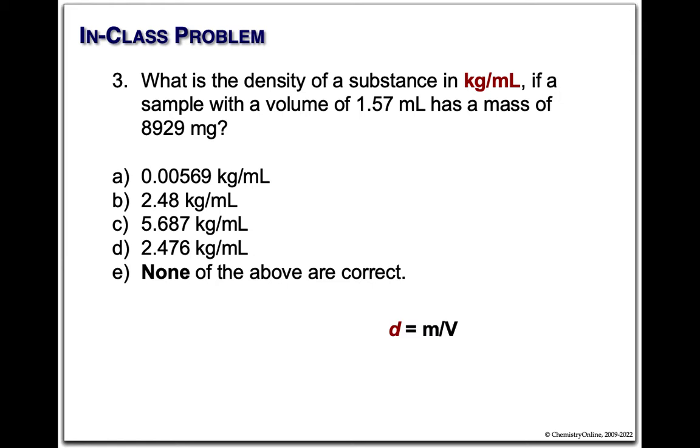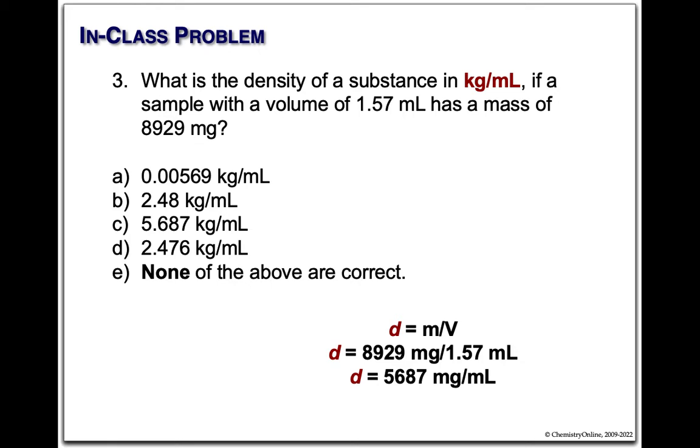Looking for density, we take our mass, we take our volume, we're going to do our division and get 5687 milligrams per mil. Now, we need to convert this to grams per mil first, because you can do that within your head. How many milligrams in a gram? 1,000. So we're going to divide this by 1,000.